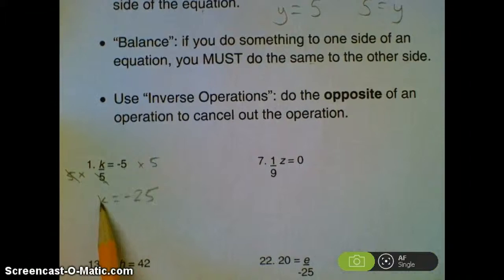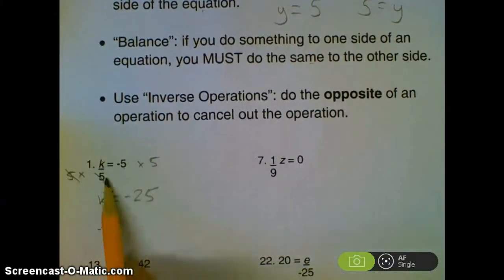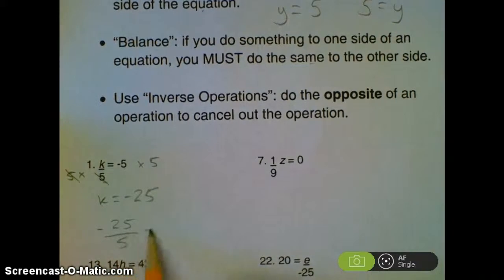And I have solved it. I can check by putting my answer back in for the original equation, negative 25 over 5, and I know the answer is negative 5, so that's true.